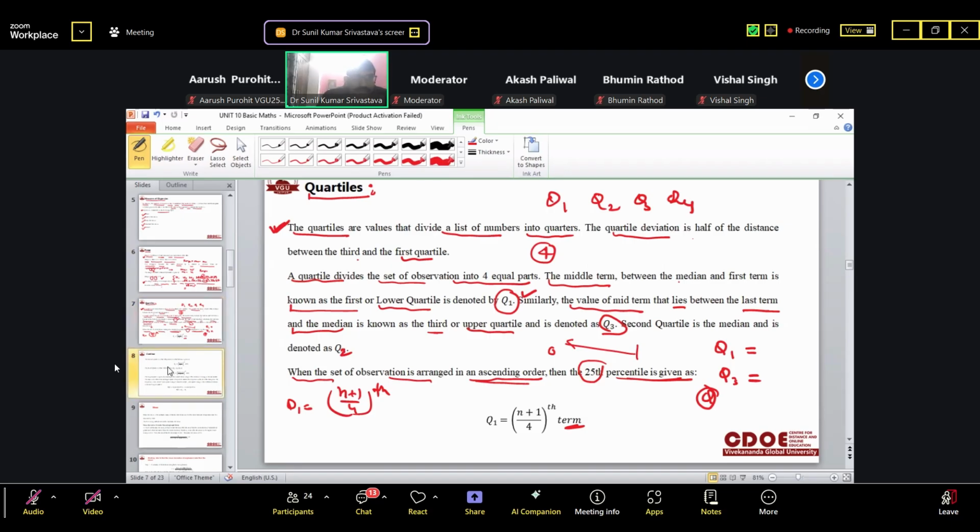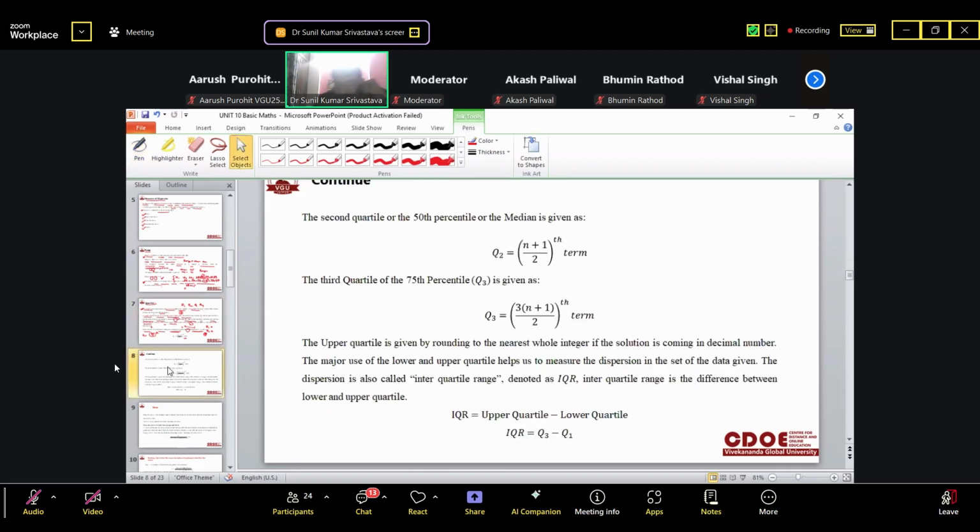Now, moving further, to define the second quartile.